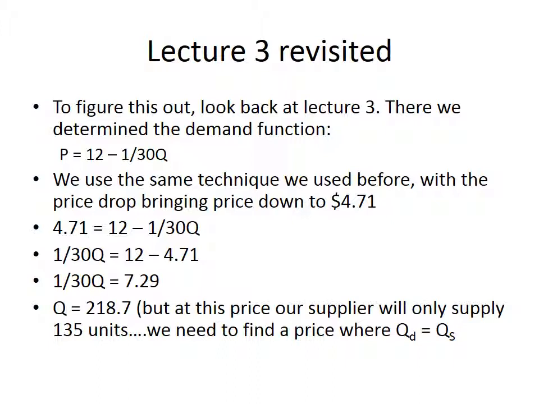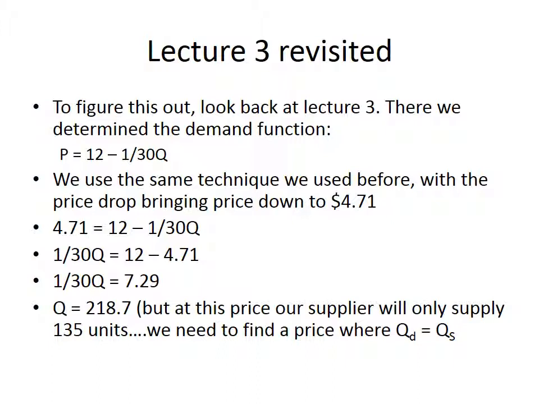At what price will the supplier be willing to supply exactly and precisely as much as the demander demands? Well, for those of you who are particularly clever, you've probably figured out how you can do that. You can find that precise location using these linear equations.